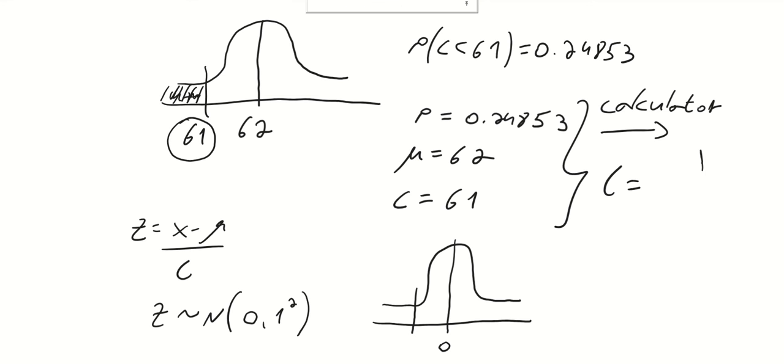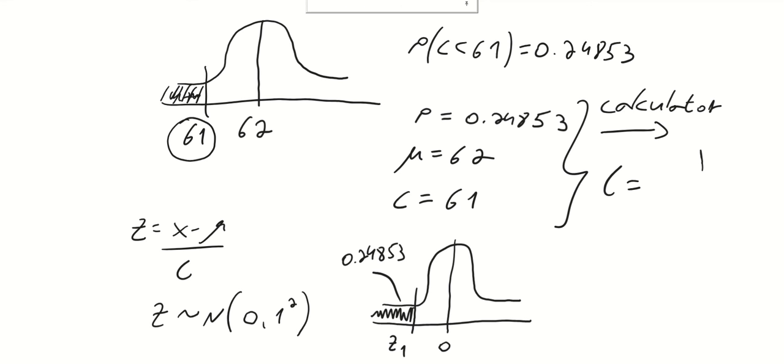And now we're looking for the value z1 such that the probability of being less than this z1 value is 0.24853. This can be done using the calculator.